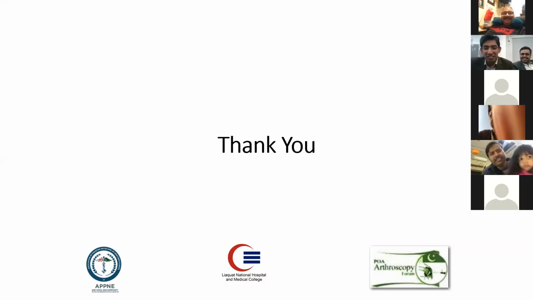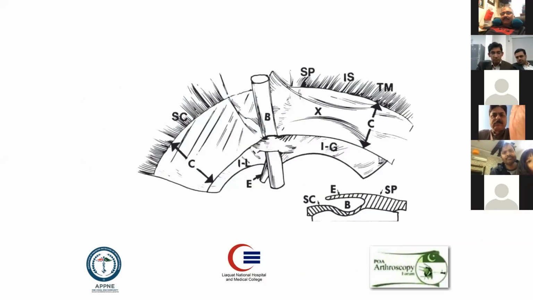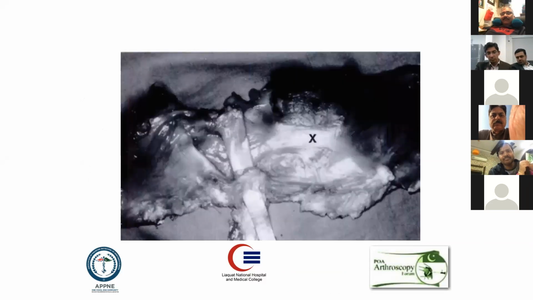First is not a question but a comment. The biceps tendon is a very important structure. Everybody must understand that for arthroscopy and for people who are doing shoulders, it demarcates the interval. We know where the supraspinatus is and we know where the subscap is, so it tells you where the interval is.